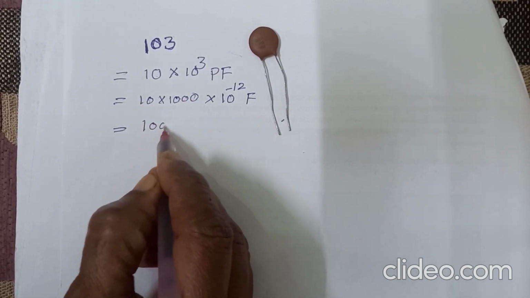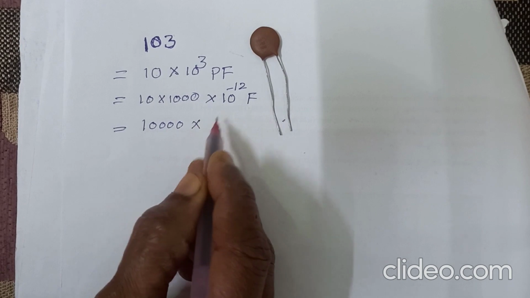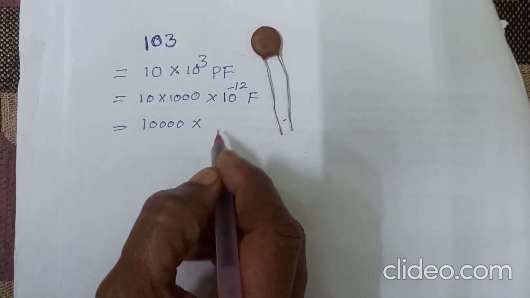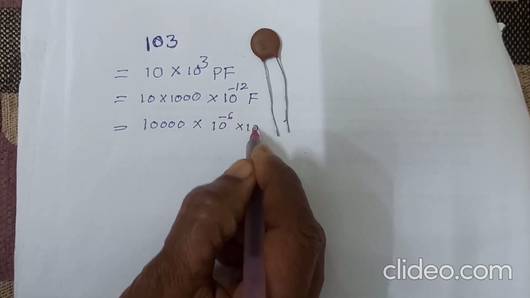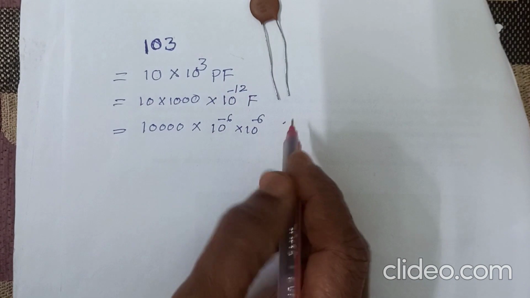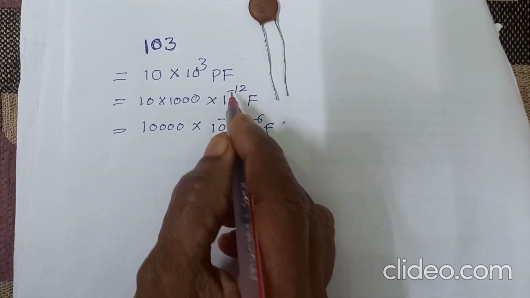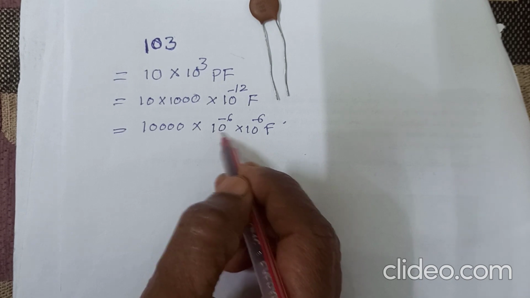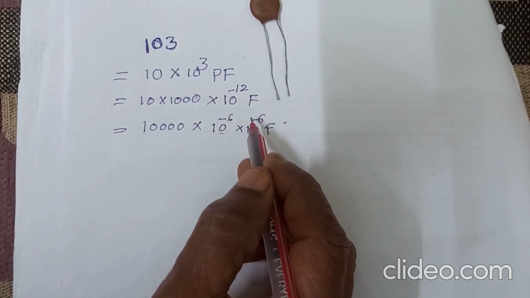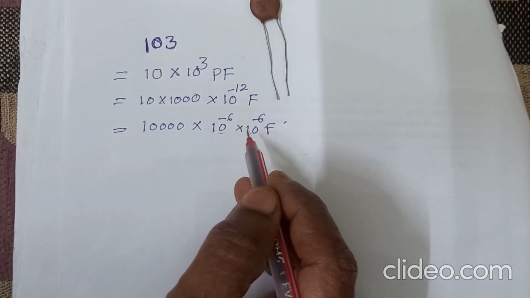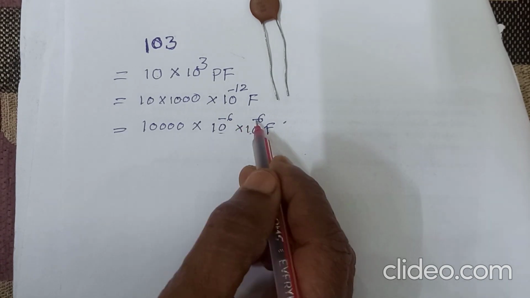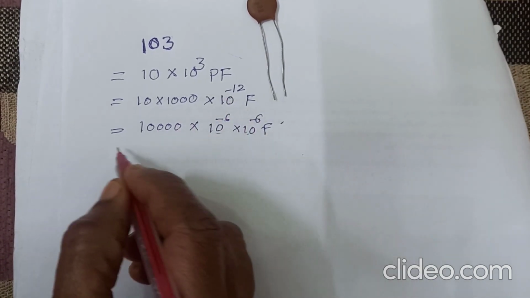So total 4 zeros here, into 10 to the power minus 12. You can split this into 10 to the power minus 6 into 10 to the power minus 6 farad, which is the same as minus 12. When both the bases are the same, you can add the powers: minus 6 and minus 6 is minus 12.